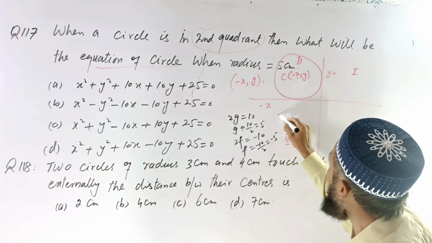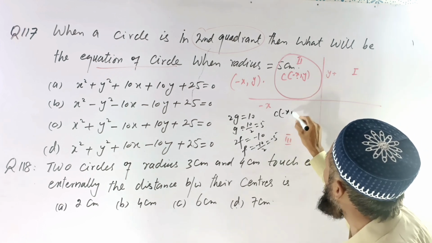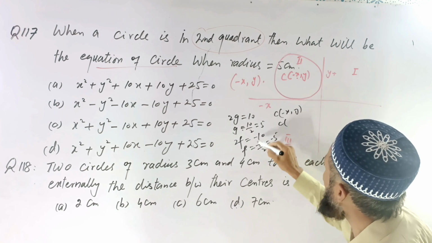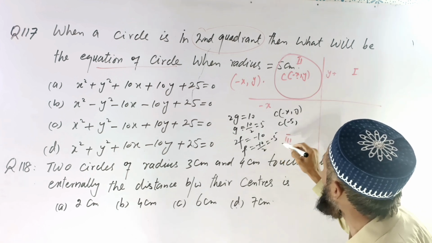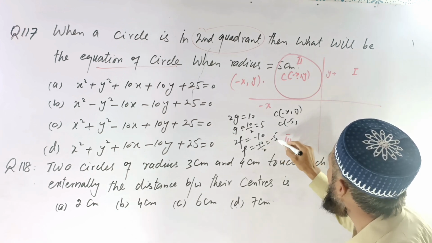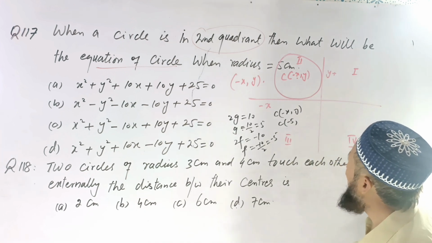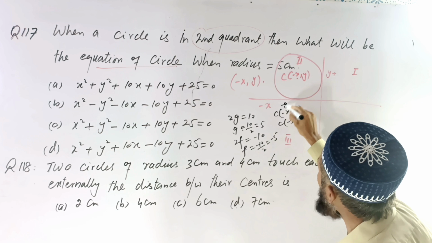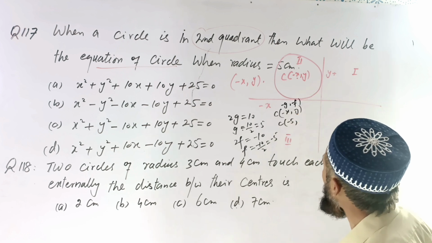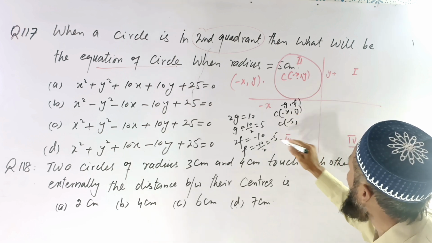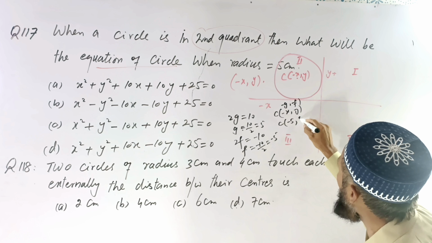So the center is minus g and minus f. Minus g gives us minus 5, and because f is negative, minus f is positive, so we get plus 5.